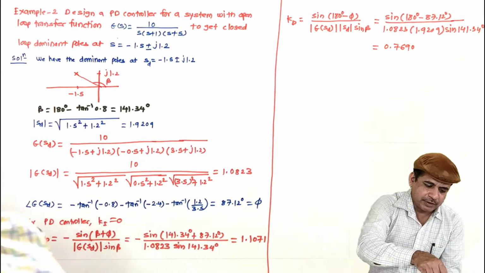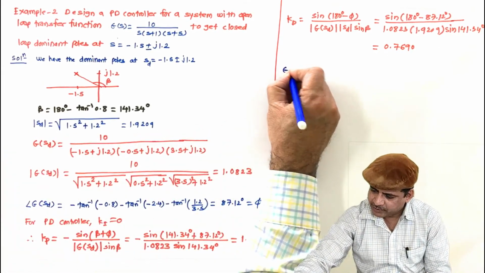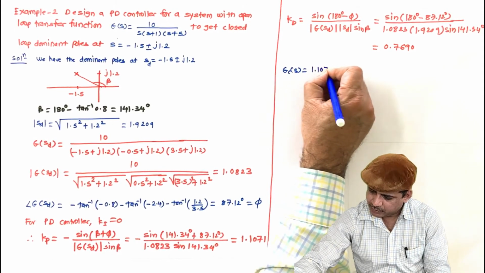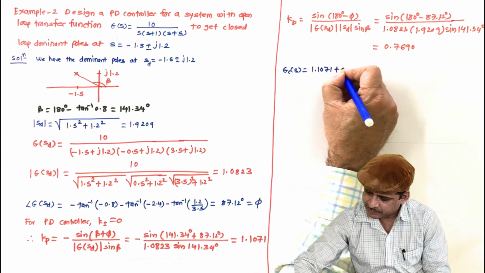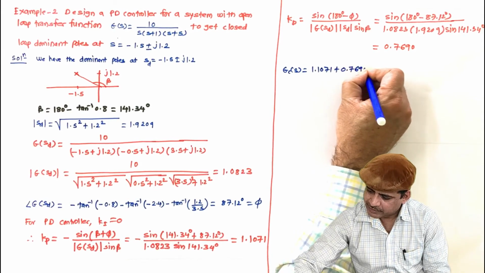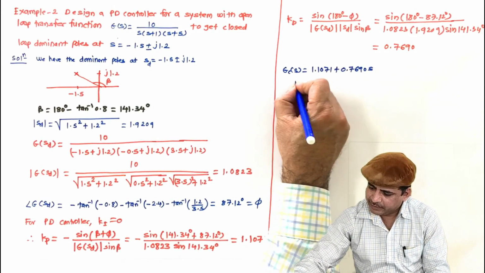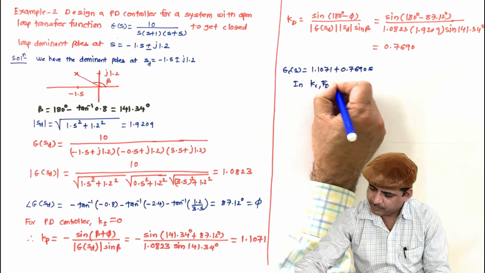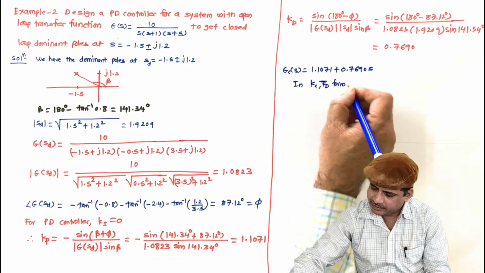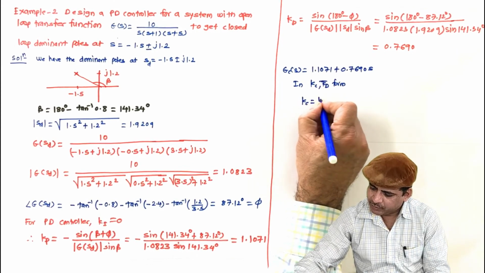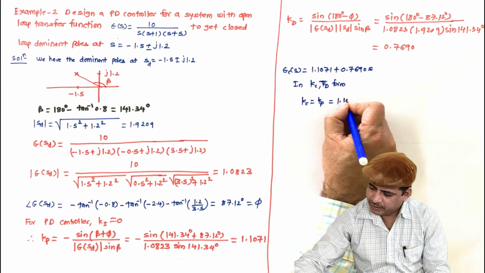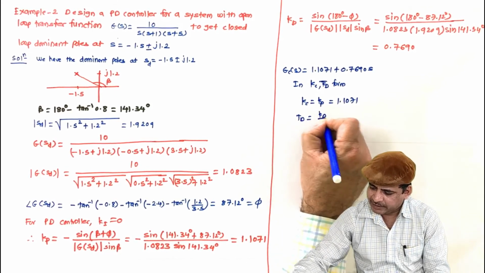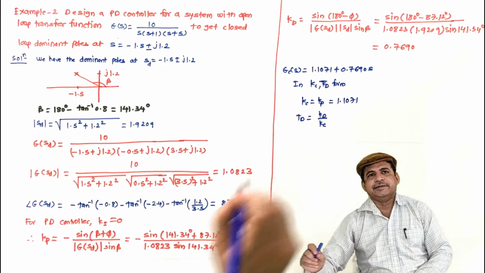And that gives me Gc of S is equal to Kp, that is 1.1071, plus Kd S, that is 0.7690 S. And in Kc Td form, Kc is equal to Kp is equal to 1.1071, and Td is equal to what? Kd by Kc, because Kd is Kc Td.